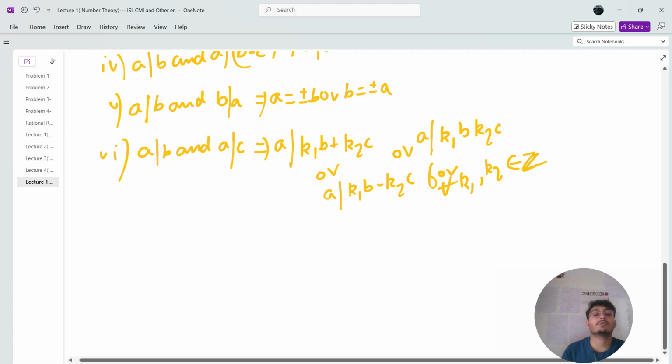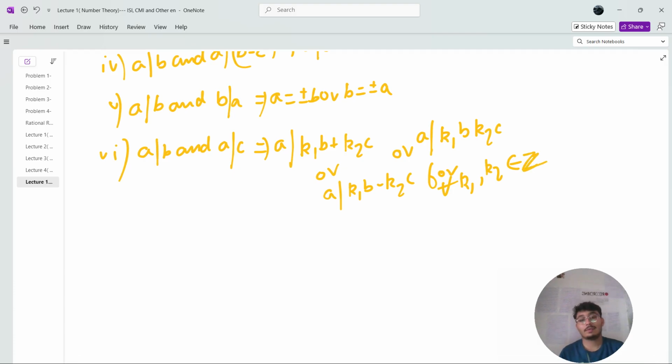So this is what Bezout's theorem also says, like my initial statement for Bezout's theorem.